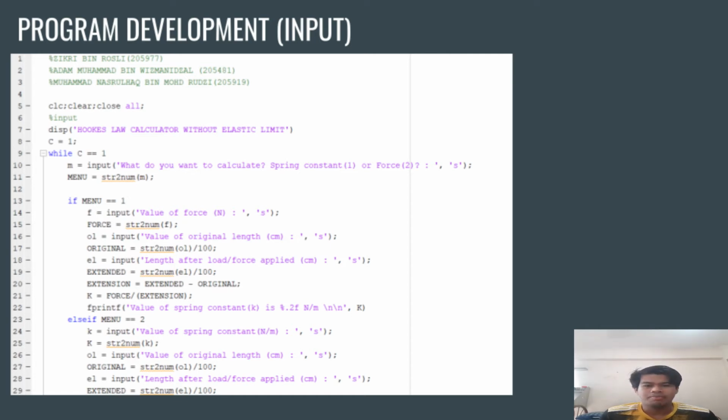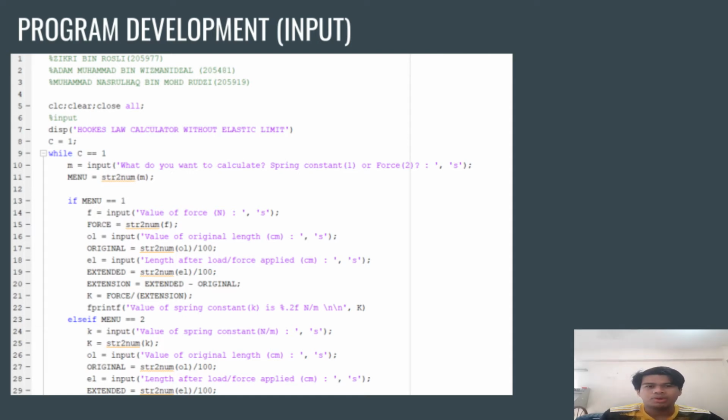First of all, we take input from the user for the menu, which is number 1 or number 2, for the spring constant or the force. If the user chooses menu number 1, we ask for input of the force, the original length, and the extended length after the force is applied.